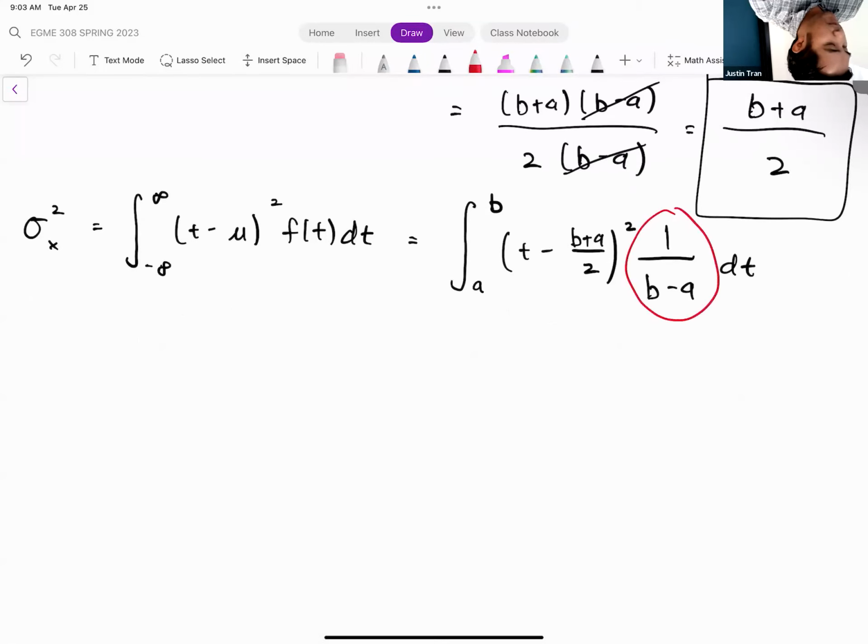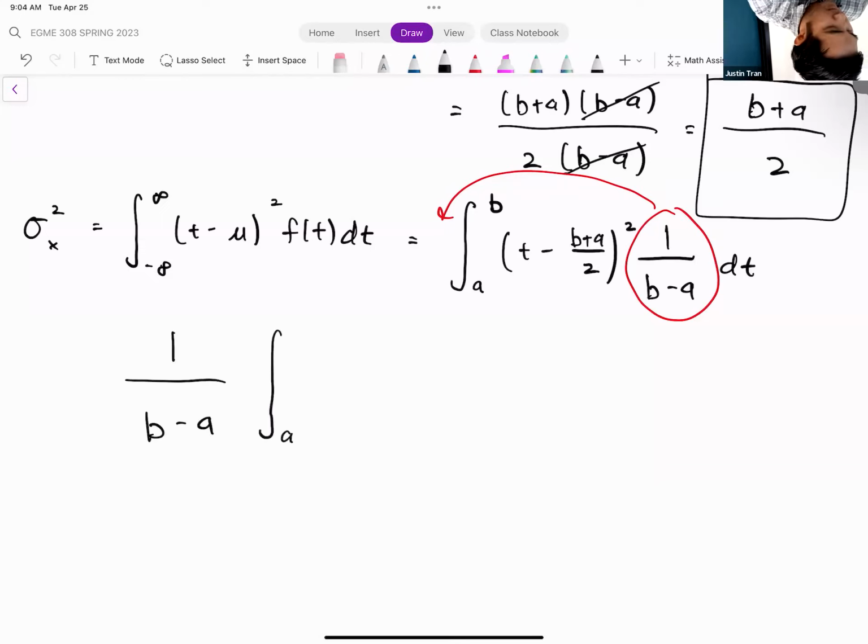Our f of t is just a constant, so let's bring this out in front. So we have 1 over b minus a times the integral from a to b of t minus b plus a divided by 2, squared, dt.